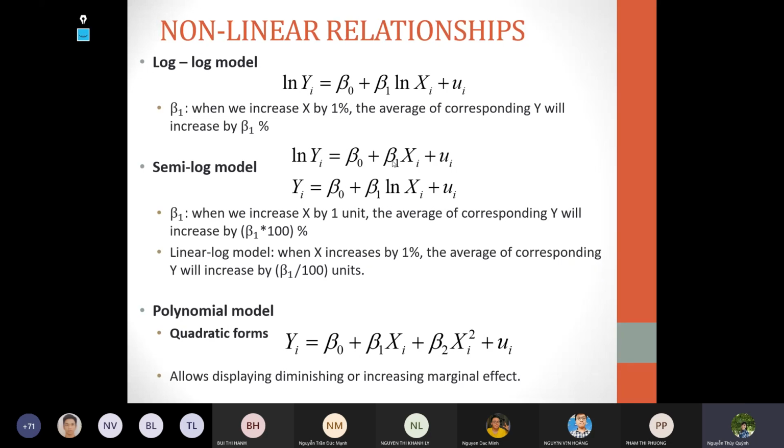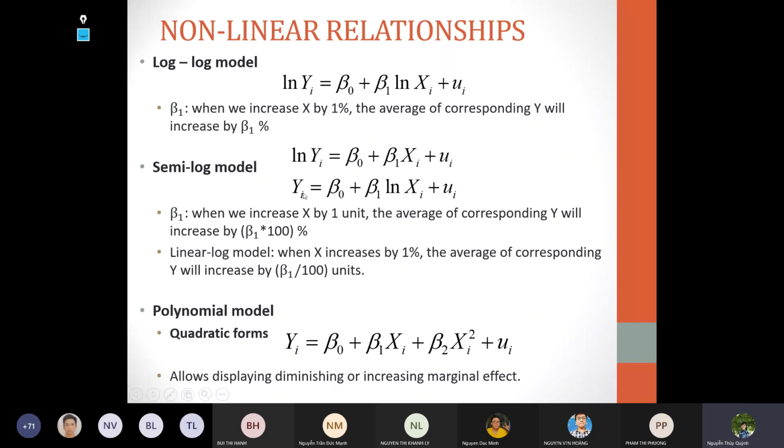We want to know the relationship between x and y. So when x increases by 1 unit, the dependent variable y will increase by beta 1 times 100% on average. That is the interpretation of the slope here.